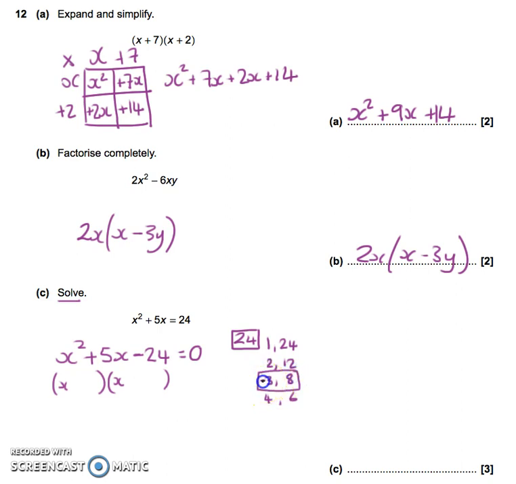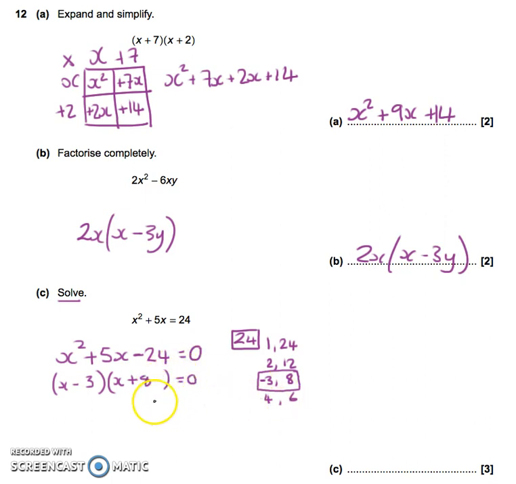Now, one has to be negative, and it's going to be the 3, because 8 plus minus 3 is 8 minus 3. 8 minus 3 is 5, the coefficient of the x term. That's what we need to find. So we found that minus 3 goes in there, and then a positive 8 goes in there. And that equals nothing.